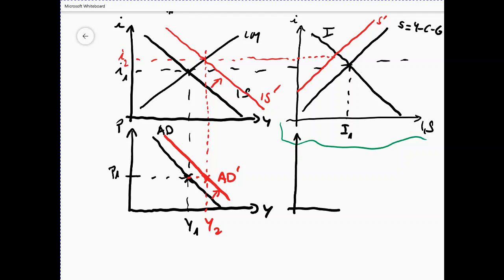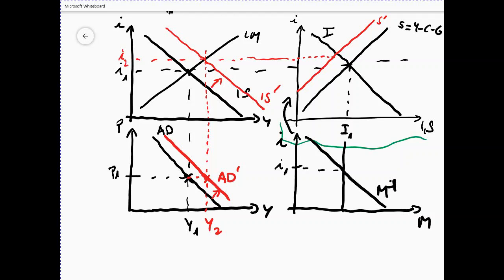Now I'm going to just put this here, even though it would be better to put it here actually, but I don't want to delete the previous loanable funds market graph. But we know that there was an I1. And then here we had a money supply and the money, sorry, this is money demand, this is money supply.